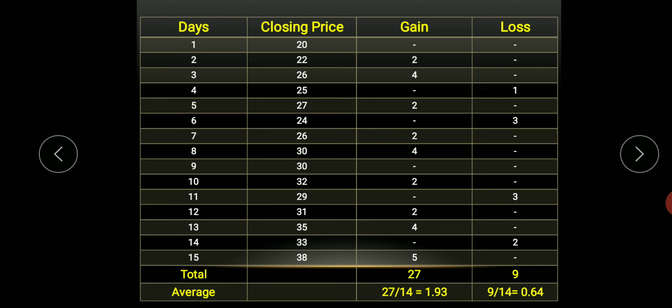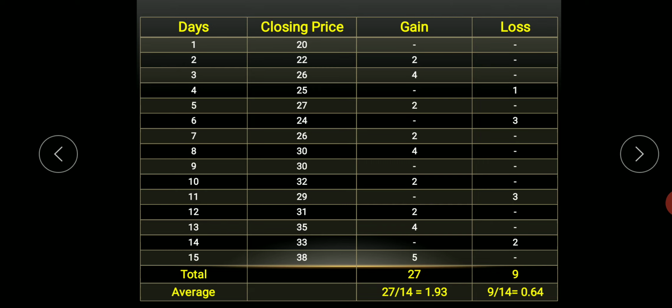So 27 upon 14 equals 1.93, and that is the average gain. The average loss is 9 divided by 14, which equals 0.64.